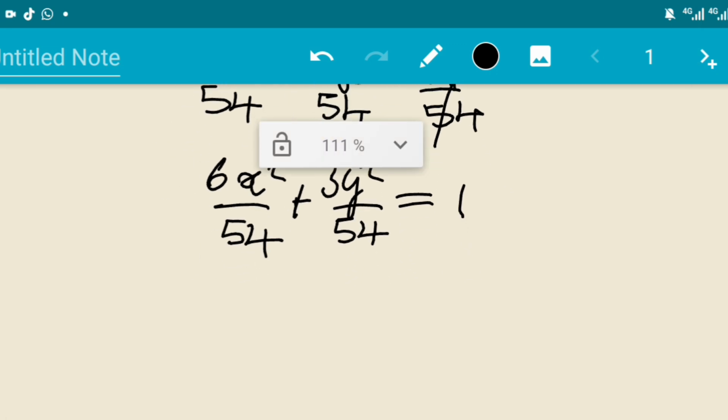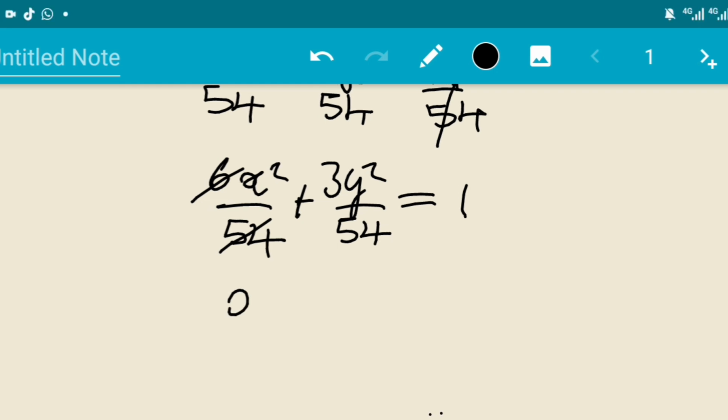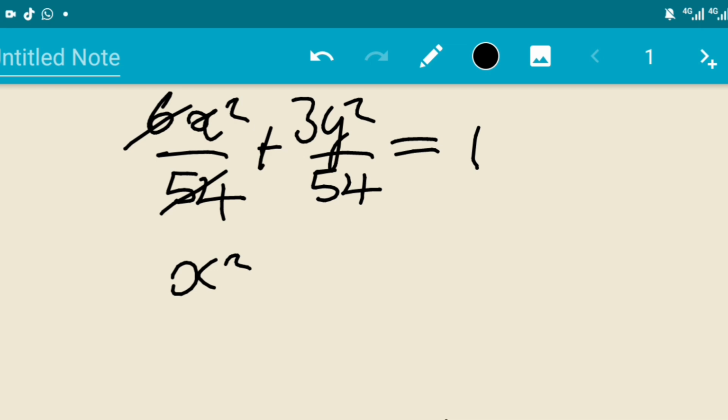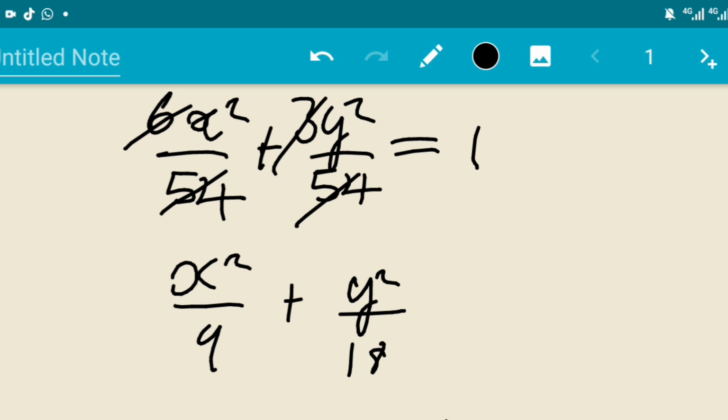Then 6 into itself is a 1, and 6 into 54 is 9. So we're going to remain with x squared over 9, then plus, when we cancel out, 3 into itself is 1, 3 into 54 is 18. Then y squared over 18 should be equal to 1.